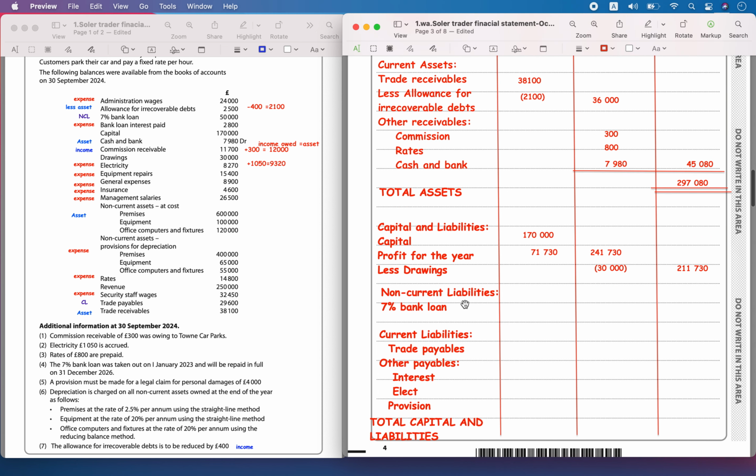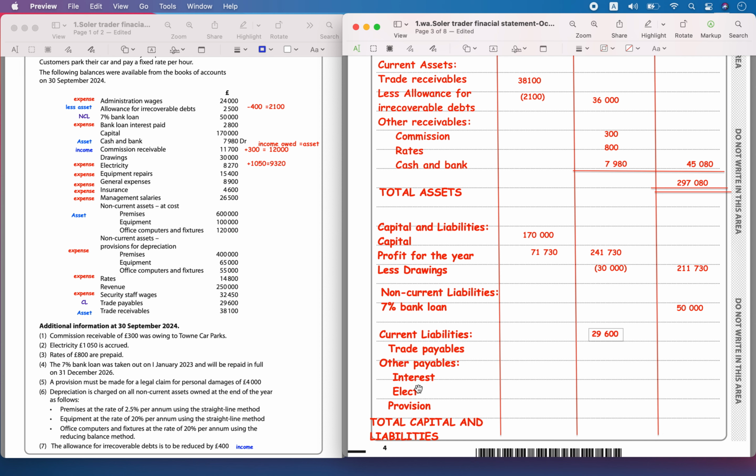Now let's calculate the non-current liabilities, the 7% bank loan. The 7% bank loan is going to be equal to 50,000. Then we have the trade payables. Trade payables was 29,600.